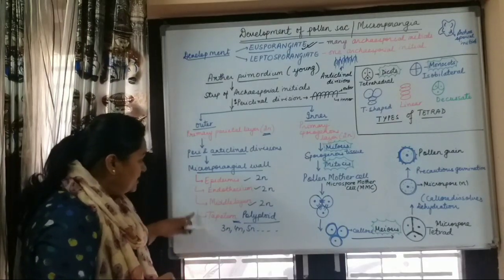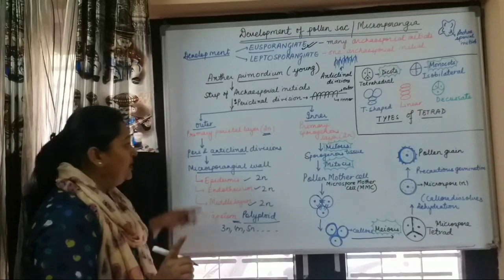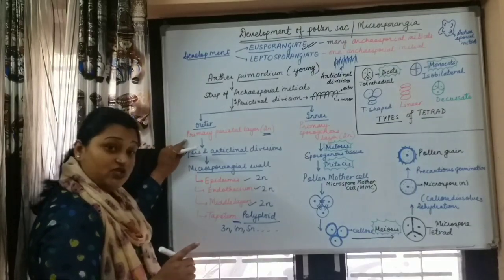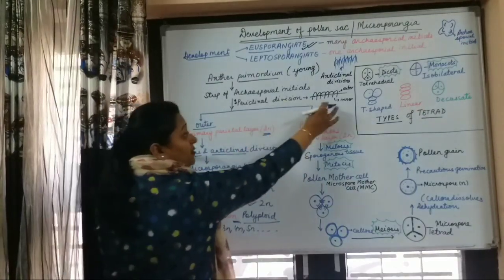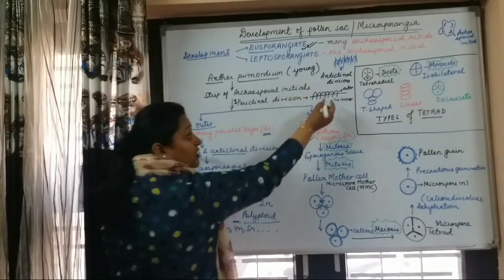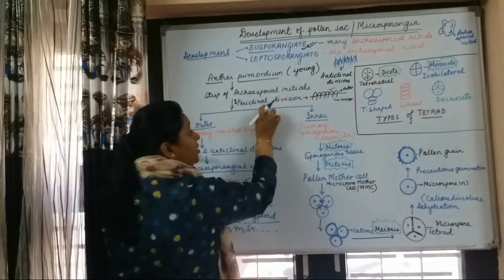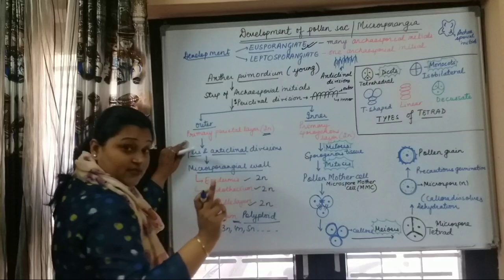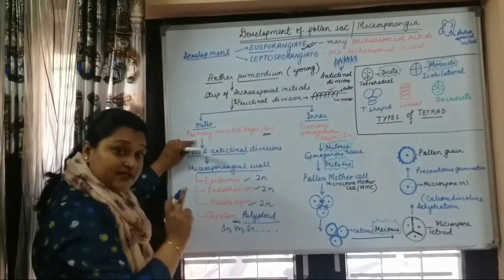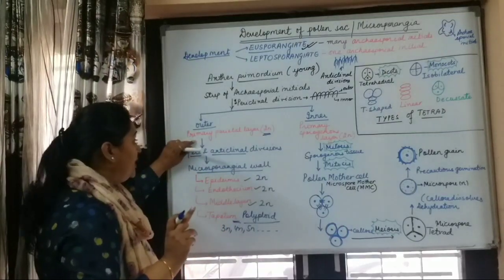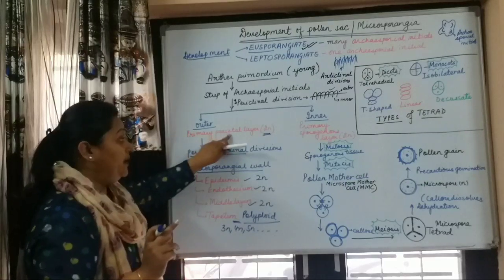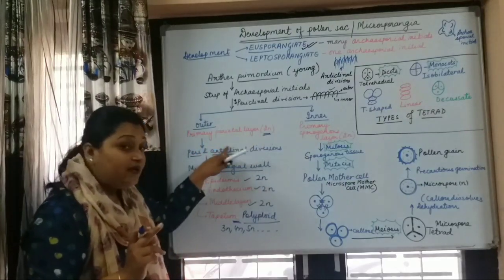So these layers are formed from the outer layer of the archisporial initials by undergoing periclinal divisions, and this outer layer is called the primary parietal layer.